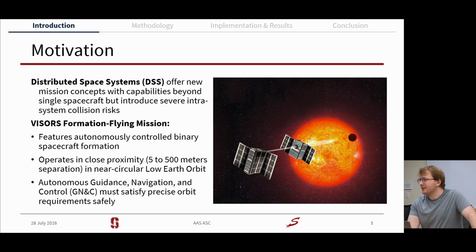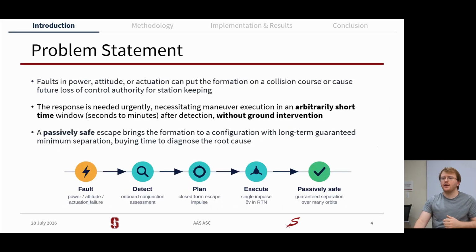And what we need to guarantee while this is going on is that we're operating safely and we're reaching our mission objectives. But safety is the key concept that I'm going to focus on right now. In the case that we have these lower cost spacecraft systems, they may have more likelihood or possibility to fail in power, attitude, actuation or communications than other higher budget spacecraft.